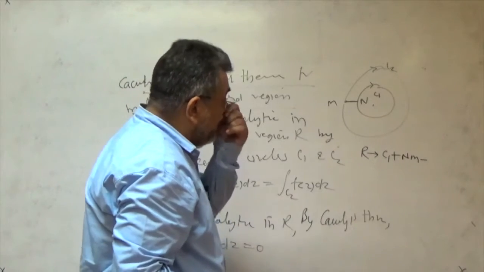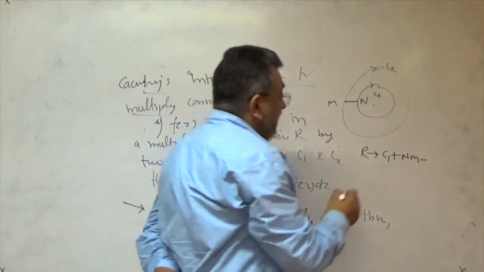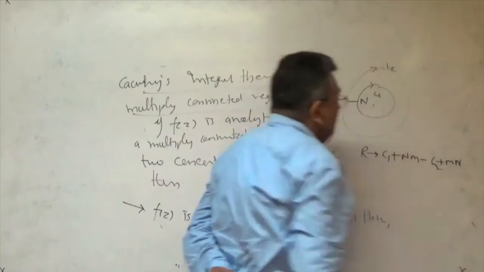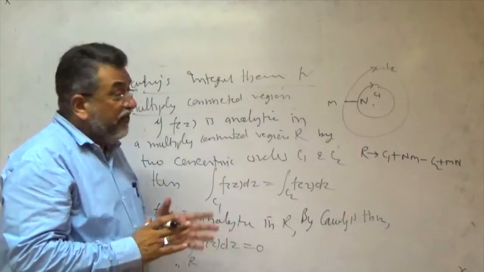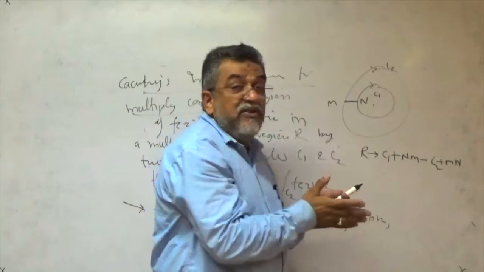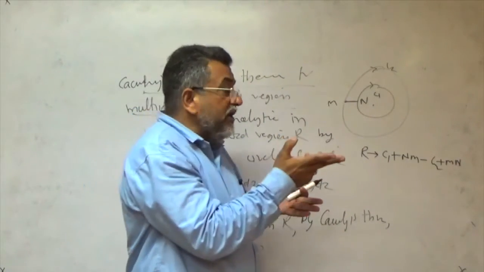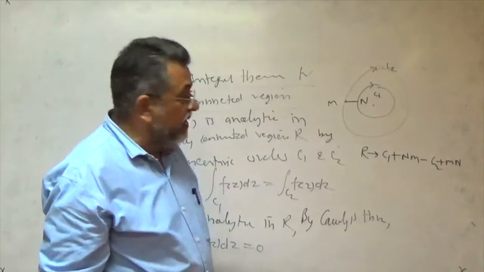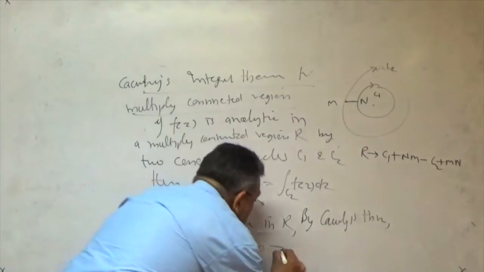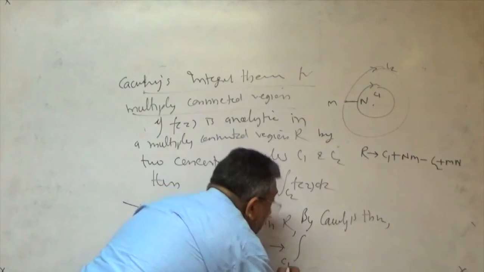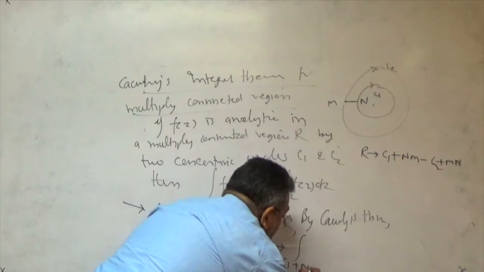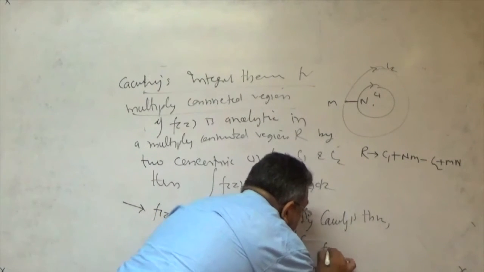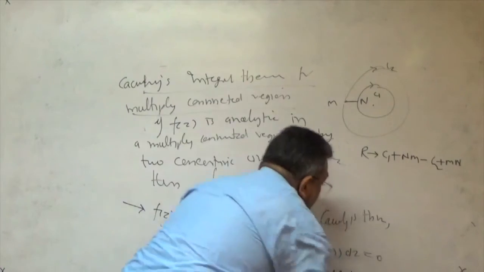But C2 is in reverse form, so we take minus C2 and then MN. Actually, this is if we take two concentric circles C1, C2, and we take a cross cut and open this to this type of figure. So this R is C1 plus NM minus C2 plus MN, of f(z) dz.